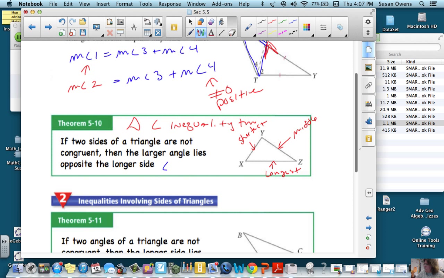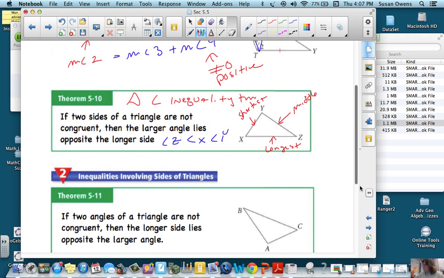So we can say angle Z is less than the angle that's across from the middle side, that'd be angle X. And that's even got to be smaller than the angle that's across from the longest side, so that's angle Y. So we can use this theorem to rank all the angles from shortest to longest.